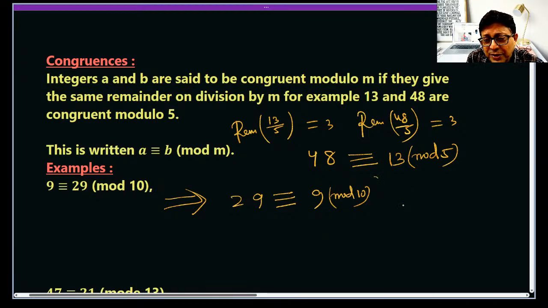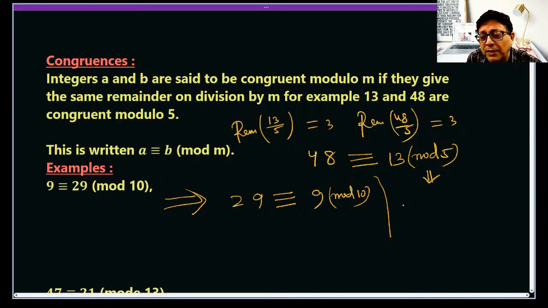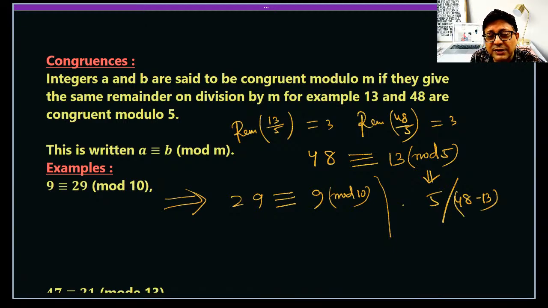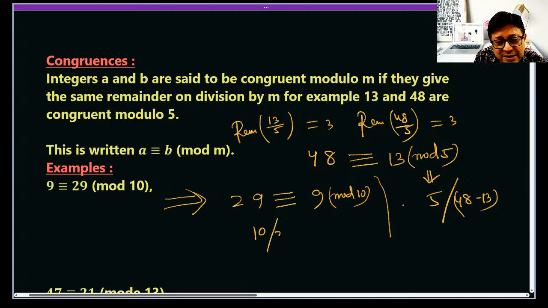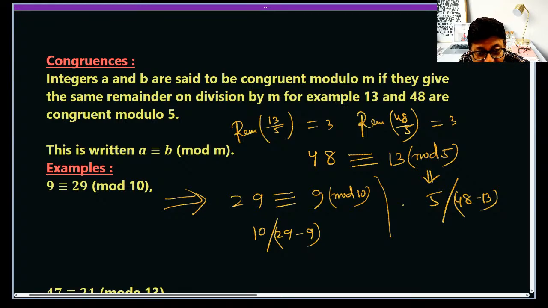You can make another observation here. To define congruency, we can say that in this example 5 divides the difference of 48 and 13, and here 10 divides the difference of 29 and 9. Am I clear?